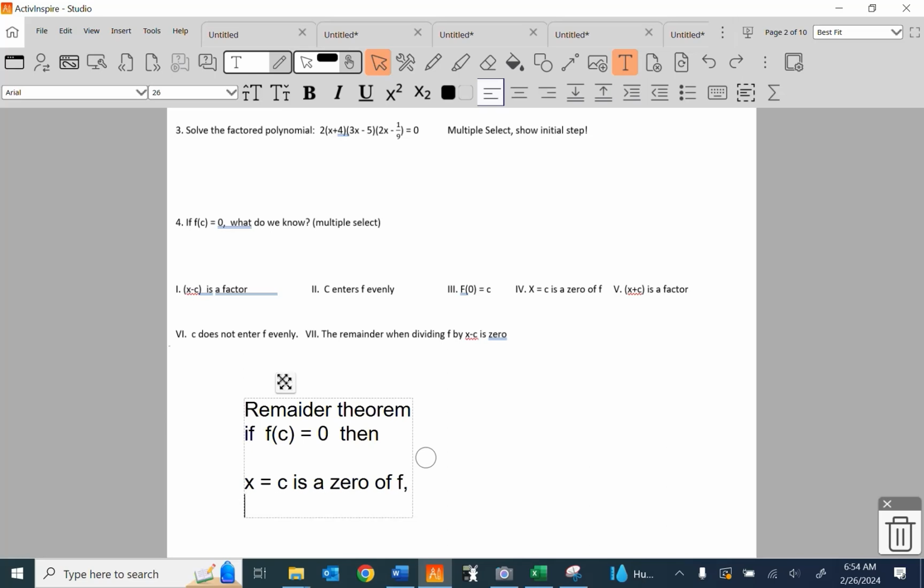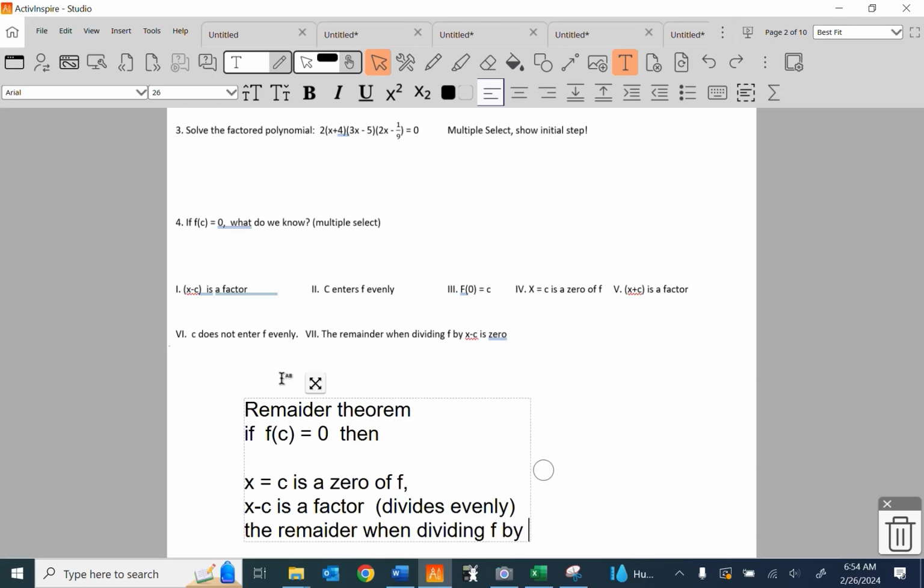Change the sign. x minus c is a factor, which also might mean it divides evenly. That's where that comes from. And the remainder, when dividing f by x minus c, or if you're using synthetic division, x equals c, is 0.